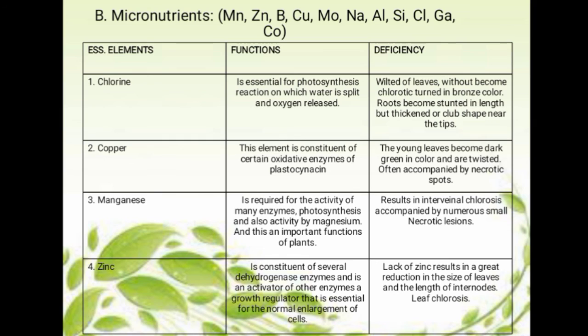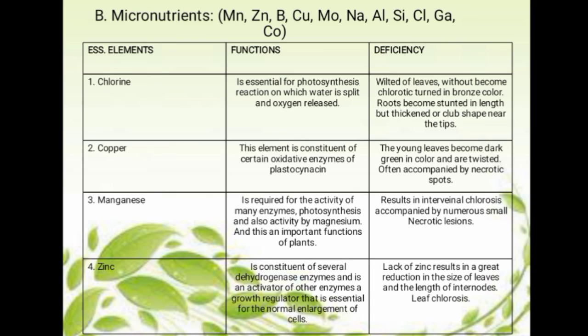Its function is that it is required for the activity of many enzymes, for photosynthesis, and also for the activity of magnesium. This is an important function in the plant. Its deficiency results in intervenal chlorosis accompanied by numerous small necrotic lesions.